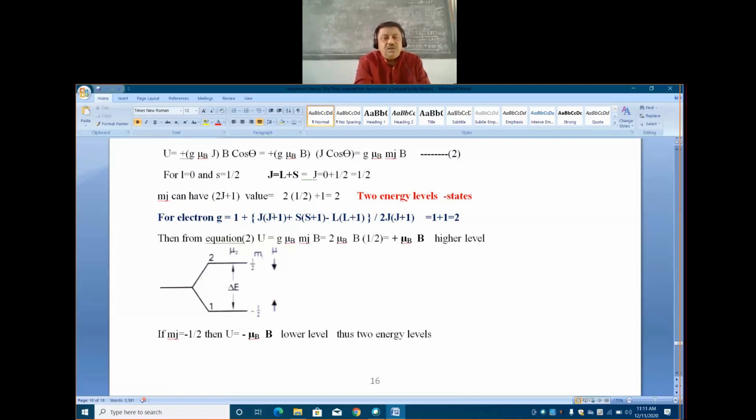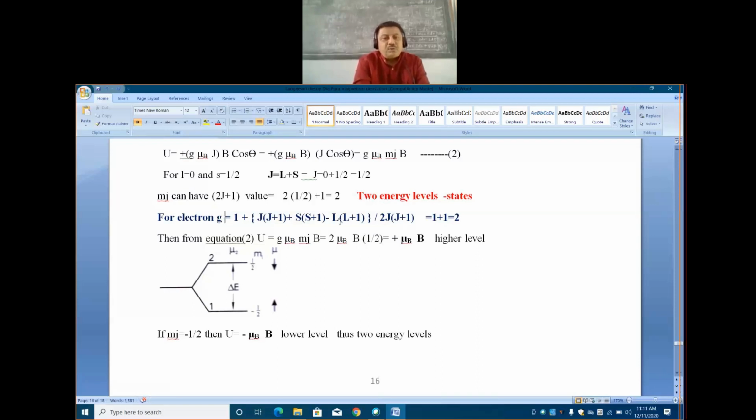We have J into J plus 1 plus S into S plus 1 minus L into L plus 1 whole divided by 2J into J plus 1. So this is for the bracket only. So G, Landé G factor is given by an expression 1 plus J into J plus 1, S into S plus 1 minus L into L plus 1 whole divided by 2J into J plus 1.